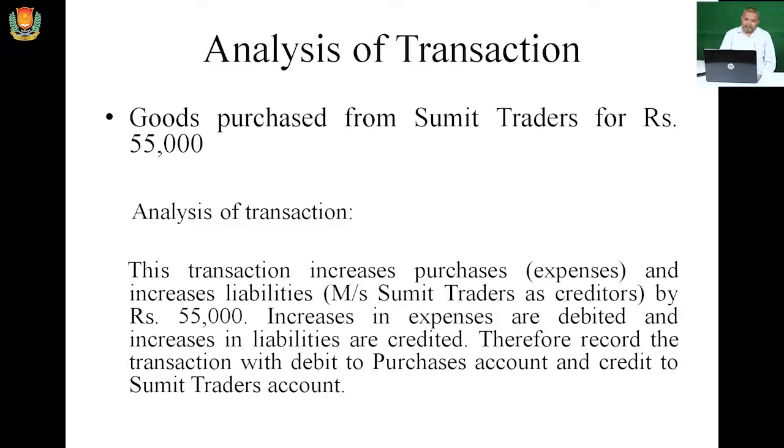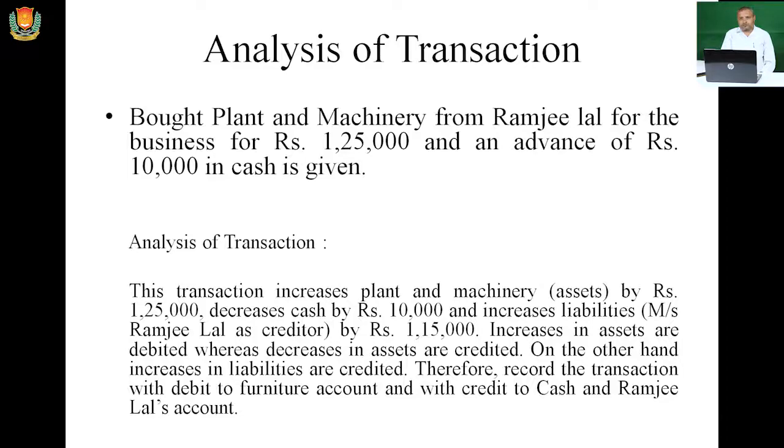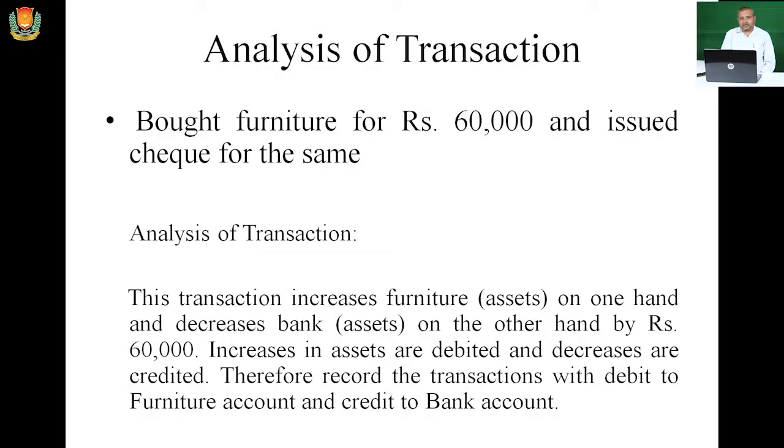Any transaction can be analyzed from both points of view, either from the traditional approach, in which we divide the accounts into 3 parts: personal, real, and nominal, or we can adopt the modern approach, in which the transaction is analyzed in 5 categories. They are capital, liabilities, expenses or losses, revenues, and gains.